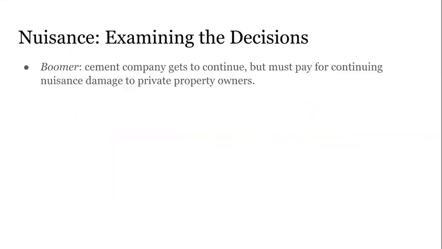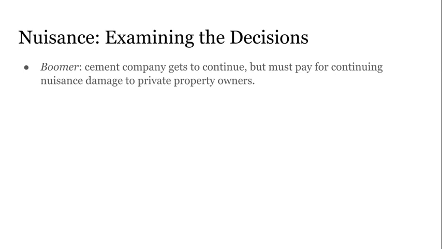So in terms of examining these decisions, in Boomer, the cement company gets to continue. This is the holding of the court. This is the court fashioning a remedy that is not an injunction, or not just an injunction. In the Boomer case, what the court says is that, look, normally we would enjoin you from doing what you're doing, which is making cement.